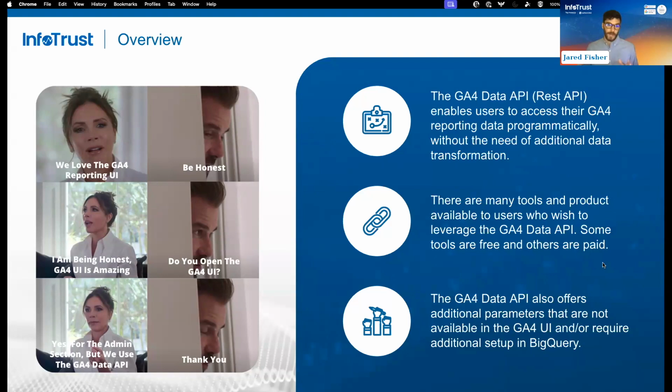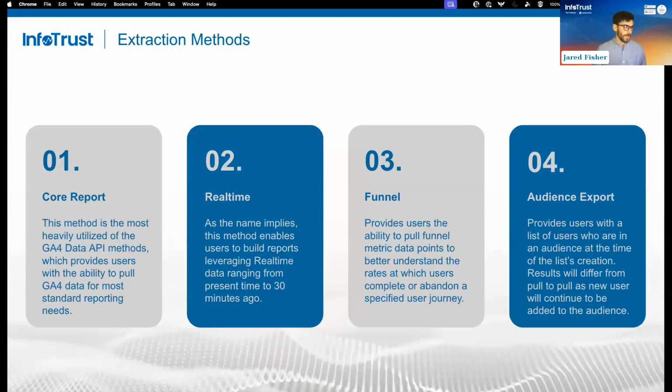There are also some parameters, or metrics as well, that are not available, which is one of the issues that we have. We'll talk through those as we go through here. The first is the extraction method. So we want to understand what kind of extractions can take place within the GA4 API. If you're leveraging it, what can you utilize?